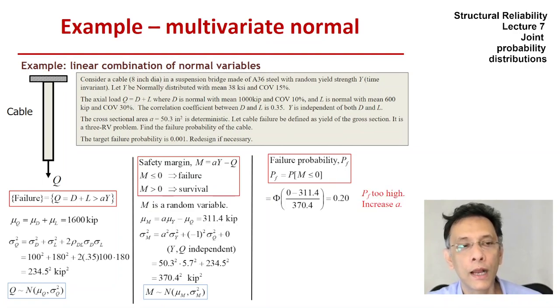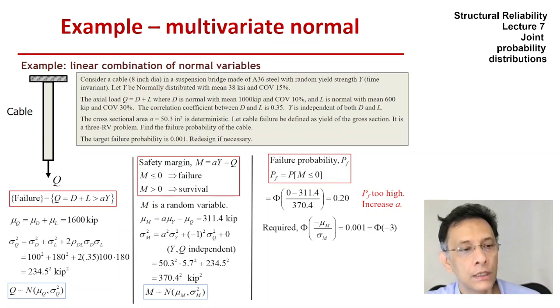Now this is too high because our limit is 0.001. We discussed several options when we looked at this problem before, but here our preference is to increase the cross-sectional area A, so that our failure probability is 0.001, or the argument of the normal CDF would be -3.